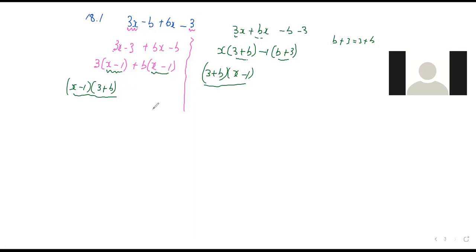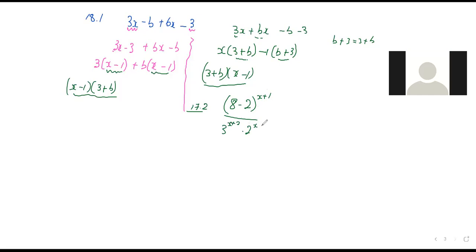And 17.2 says 8 minus 2 into x plus 1, and then that is 3x, I think 3x plus 2 times 2x. Is this correct? Yeah, that's correct. Yes, that's correct.